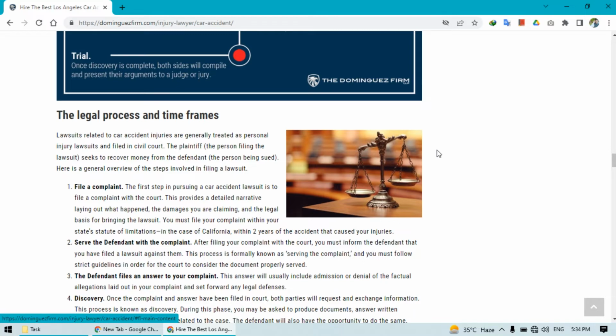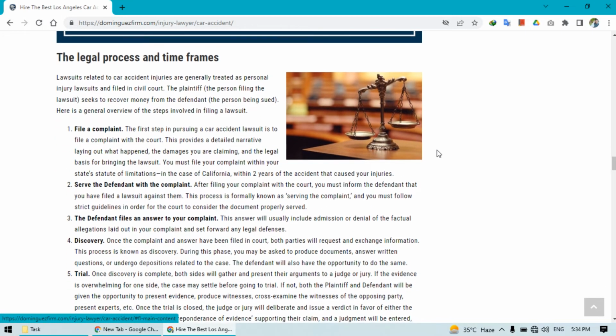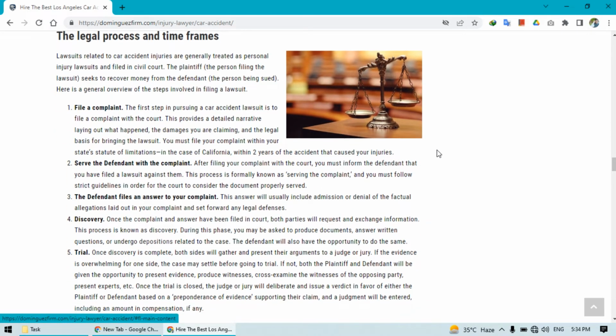Number 3, the defendant files an answer to your complaint. This answer will usually include admission or denial of the factual allegations laid out in your complaint and set forward any legal defenses. Number 4, discovery.